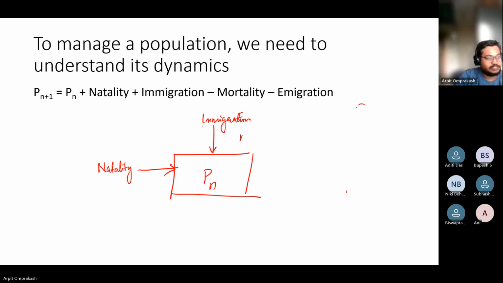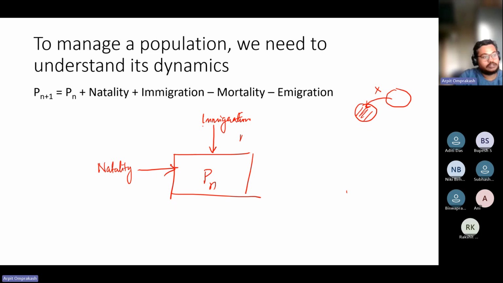For example, we have cheetal in this region, and in some year, a lot of deer migrate here from another region. Some X number of individuals of deer are moving from that geographical area to this one. This is termed as immigration, whereas the removal of organisms from this geographical area is termed as emigration. So emigration is individuals leaving the population or moving somewhere else.